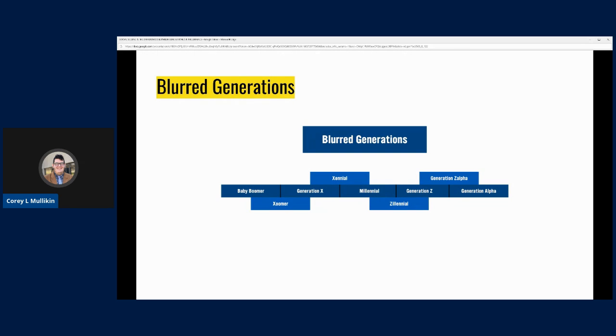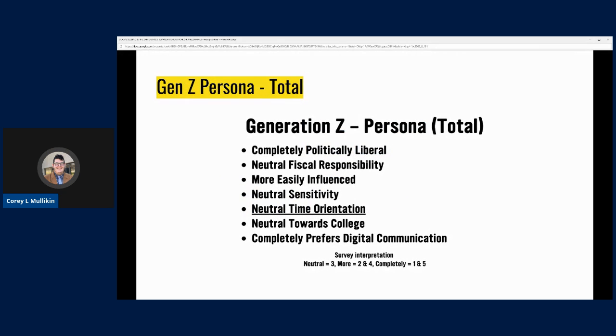Now, let's move on to the big question that this wants to study. Are we accurately determining how these generations act? So going back to my research, the first part we looked at was just the results that Gen Z said about Gen Z, and just Millennials said about Millennials.